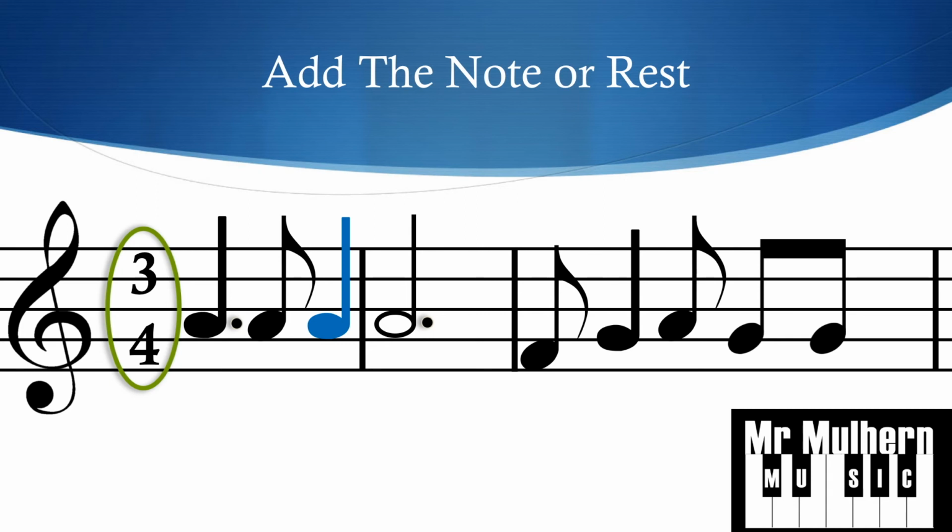Next bar, we have a dotted minim. What does that add up to? Well, it already adds up to 3, so we can't add anything. Let's look at the next bar. We've got a quaver, half a beat, then a crotchet, so we've got 1.5 beats, then a quaver, that is 2 beats now, followed by 2 quavers.